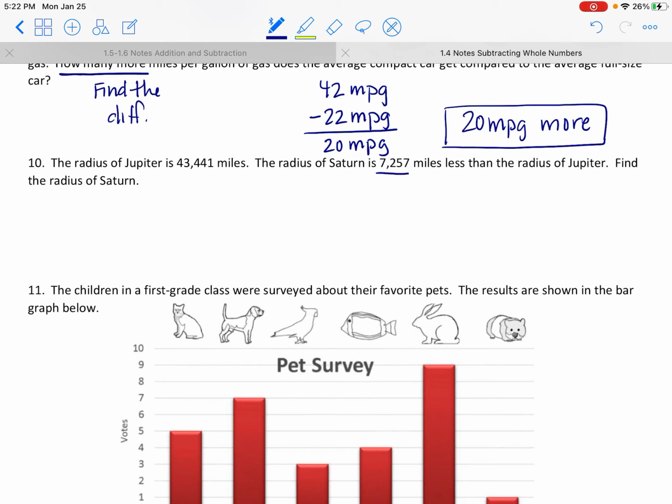So this is telling us to subtract 7,257. So we're going to take 43,441 miles. We're going to subtract 7,257 miles and see what we have left.